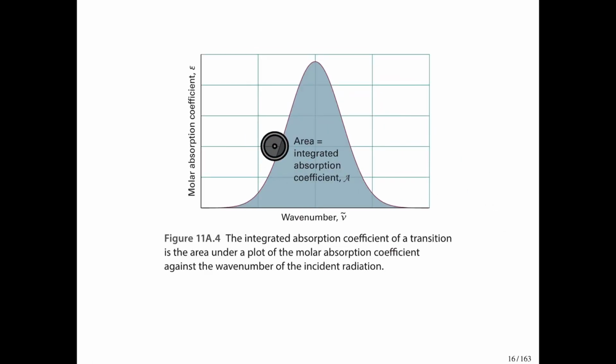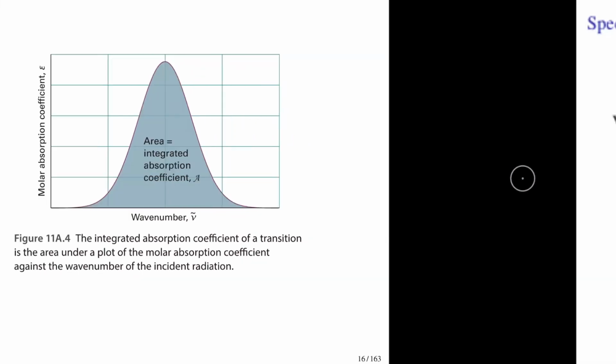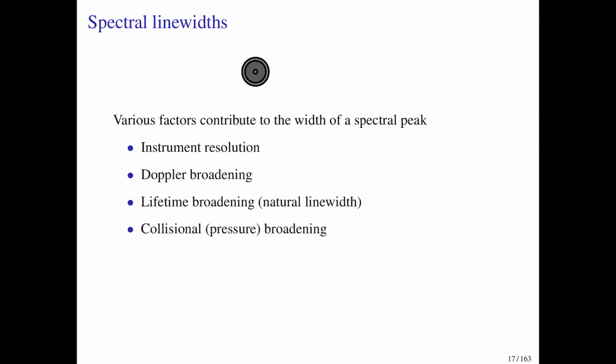What I want to talk about next is the width of the peak. What are the factors that affect the line width of the peak? There's various factors that we can consider. One of them is just the quality of the instrument that we're using, the resolution of the instrument.